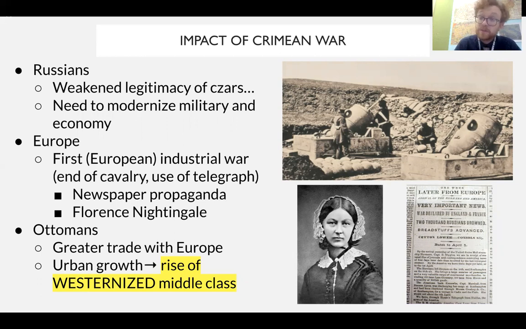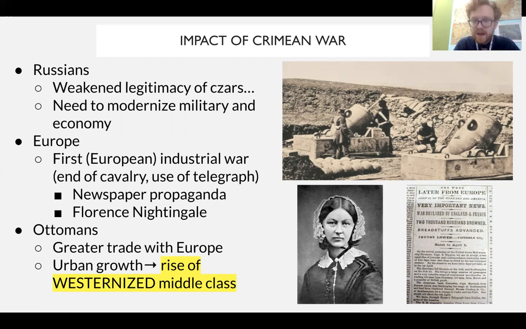And part of this is going to lead to the rise of newspapers being a form of propaganda. You can produce newspapers so cheaply and so quickly, you can sell them to any Joe Schmo for a nickel, basically. So newspaper propaganda, that's one of the new developments in Europe as a result of the Crimean War.